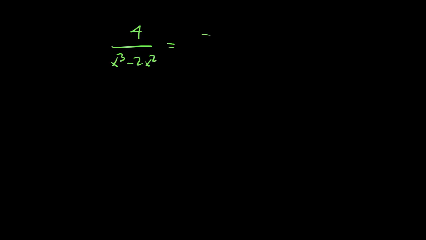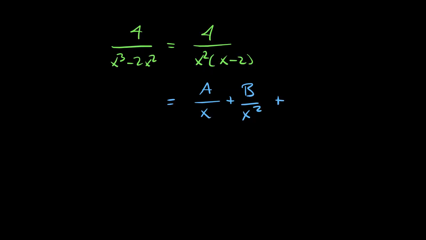So in the denominator, we have an x squared times x minus 2. So this is going to give me, with partial fraction decomp, this guess. With the x squared, it's a repeated root, so it'll be A over x plus B over x squared. And then x minus 2 is a linear, non-repeated root, so it's just C over x minus 2.